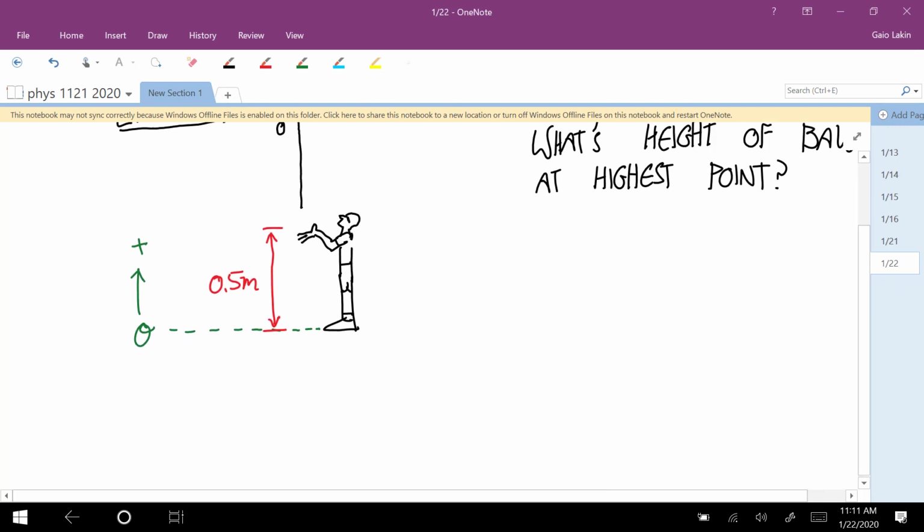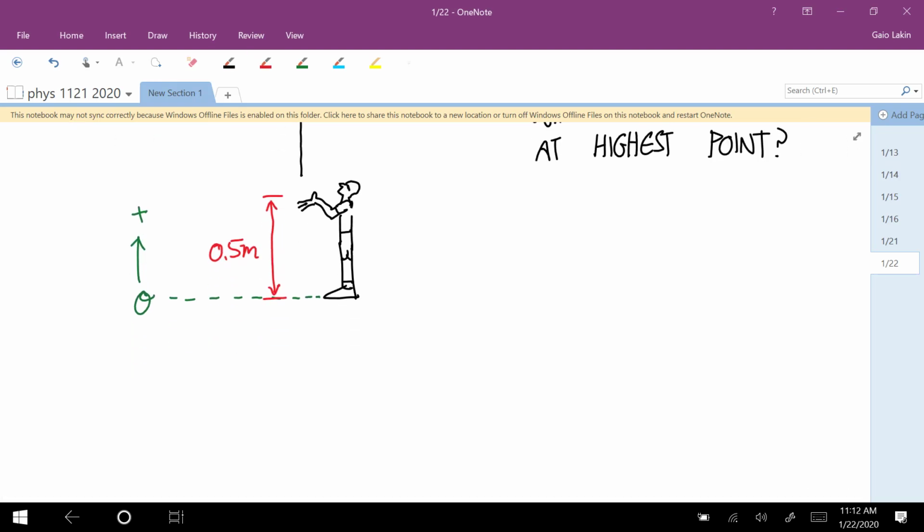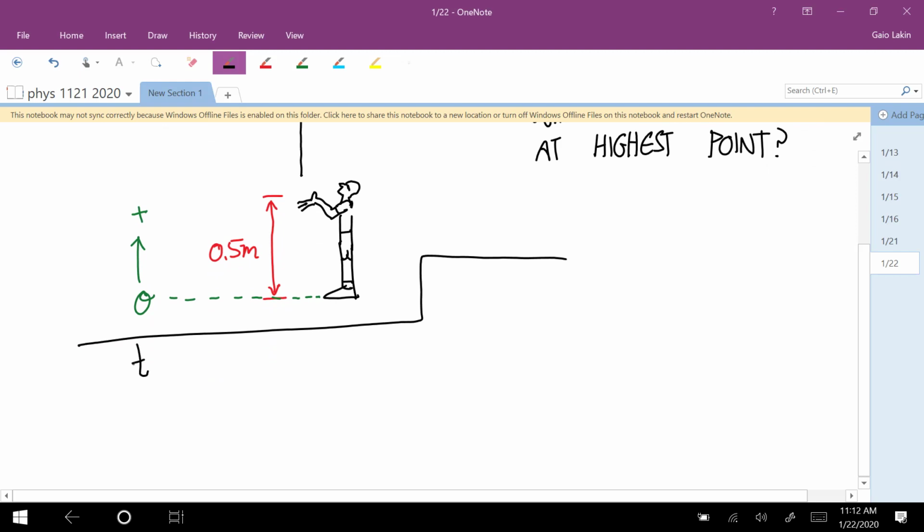Okay, so I already said, normally in a problem, you'd choose a 0 position and a positive direction. I already chose those, so we'd all have the same things. But you still have to choose a time equals 0 instant. And that's going to be based on where you know stuff or where you're trying to calculate stuff. We know the velocity there, we know the position there, where it's released.